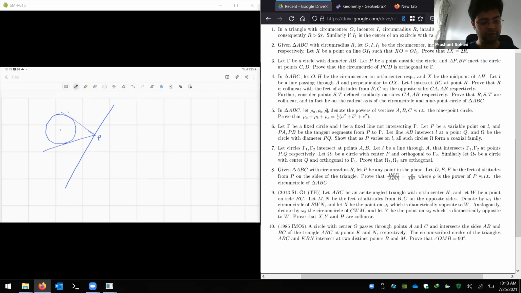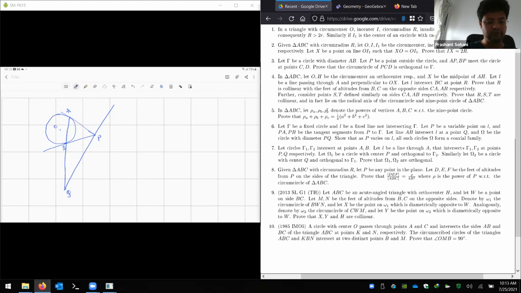And these are points A and B. So intersect AB again. This is point Q. I'm interested in the circle with diameter PQ.